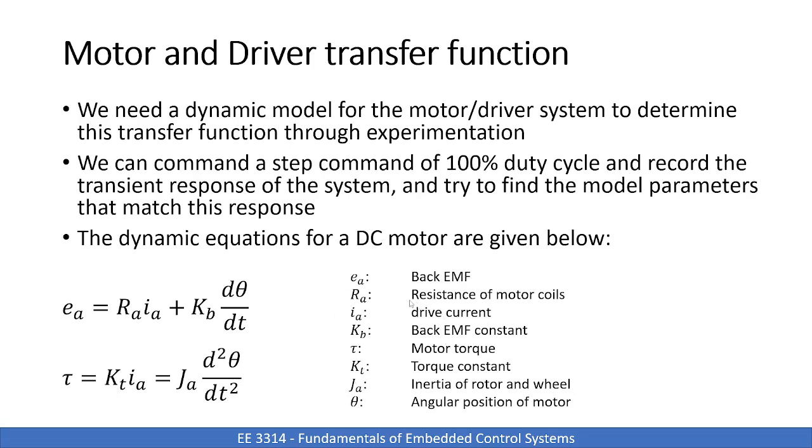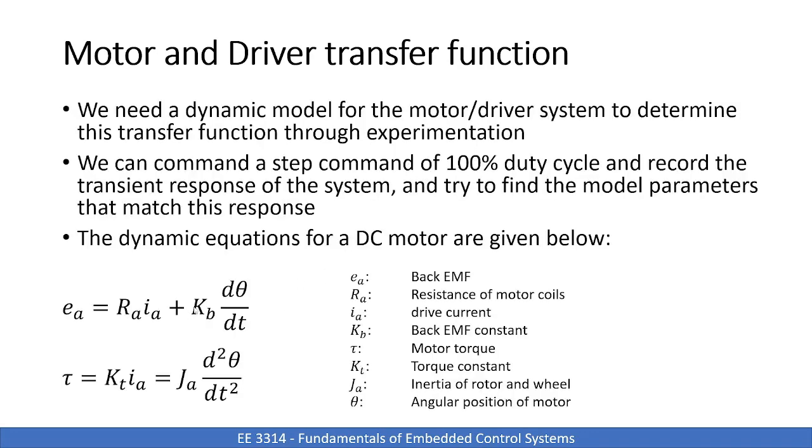We don't really care what specifically the resistance of the motor coils are, what the drive current is. So what we're going to do is come up with an equivalent transfer function that uses all these parameters. And you'll see that we can combine a lot of these parameters and just condense those into one constant. Rather than having to know specifically what RA is and KB and KT and JA, we'll be able to come up with a combined constant that kind of represents all of those.